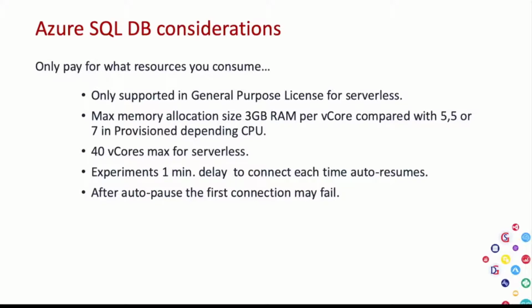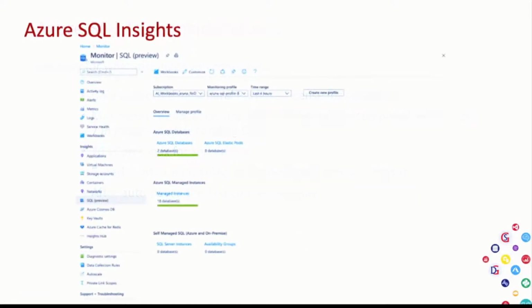You have 40 vCores max for serverless, and you will experience a 1 minute delay when it goes to auto pause and auto resume. So these considerations are important when you are trying to use your Azure SQL and connect it with the application that you select to test it.